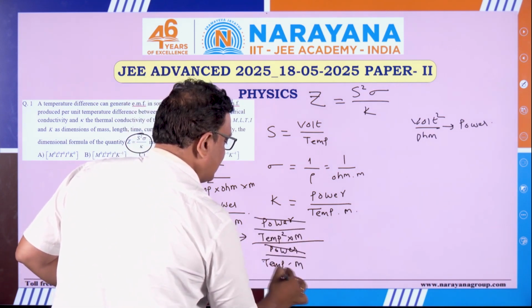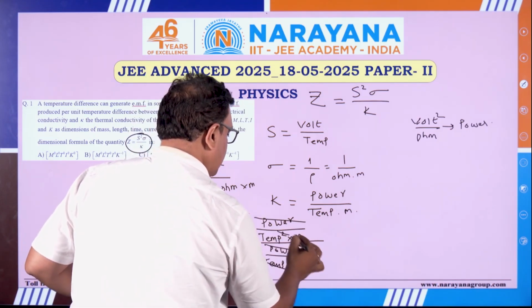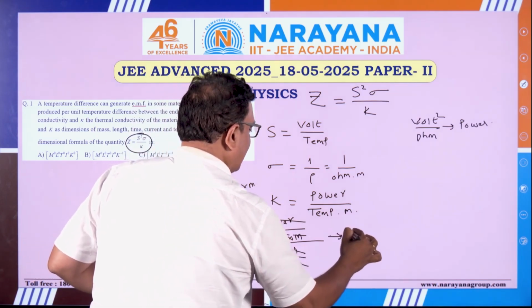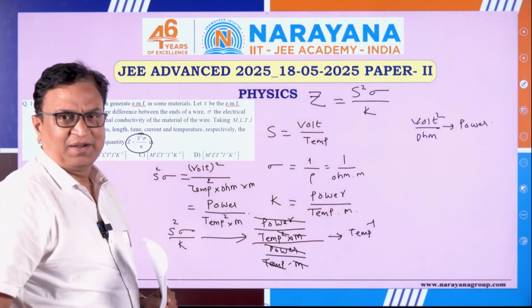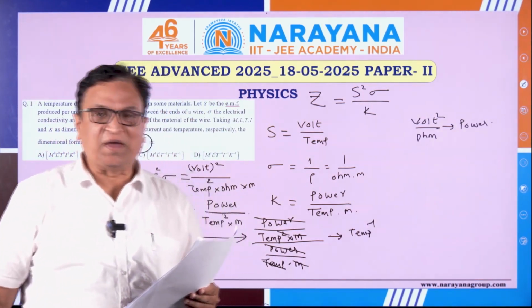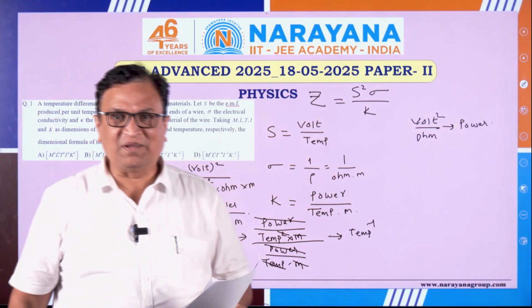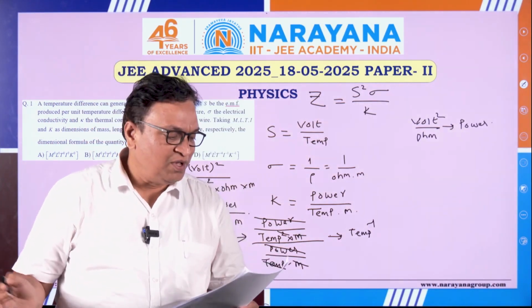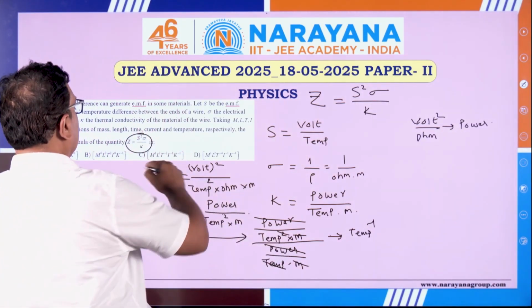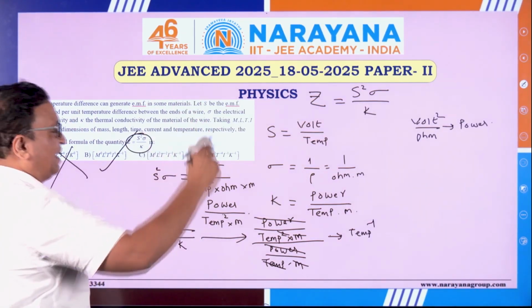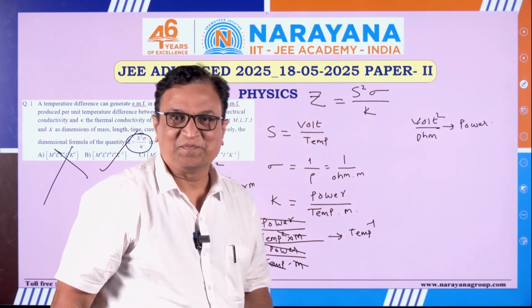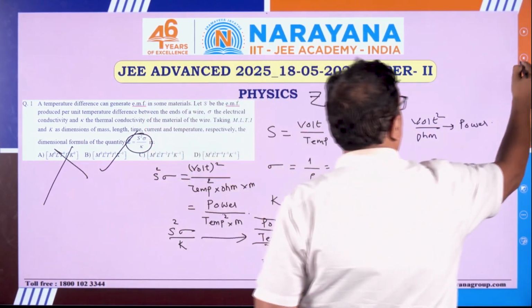Strike it. Finally, this results in temperature inverse, that is K power minus 1 in dimension terminology. Rest all 0. Out of these, this option is correct. Question is done. We'll move on to the next question.